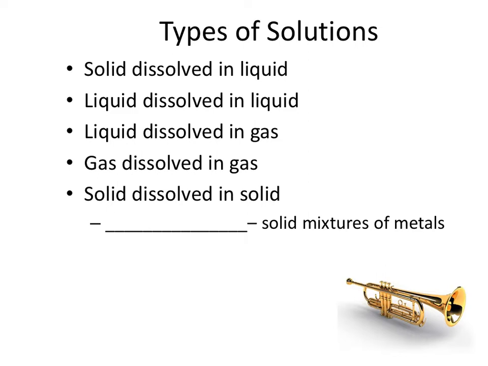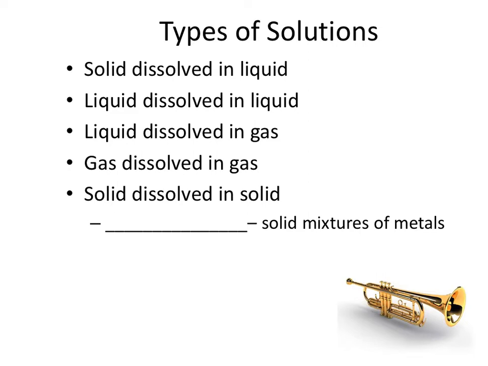And then liquid dissolved in gas, so that'd be like water vapor. So when it feels super humid in the air, then that's liquid being dissolved into gas. Gases can dissolve in gas, so our atmosphere is a mix of oxygen gas, nitrogen gas, and other trace gases. And then we can have solids dissolved into a solid.